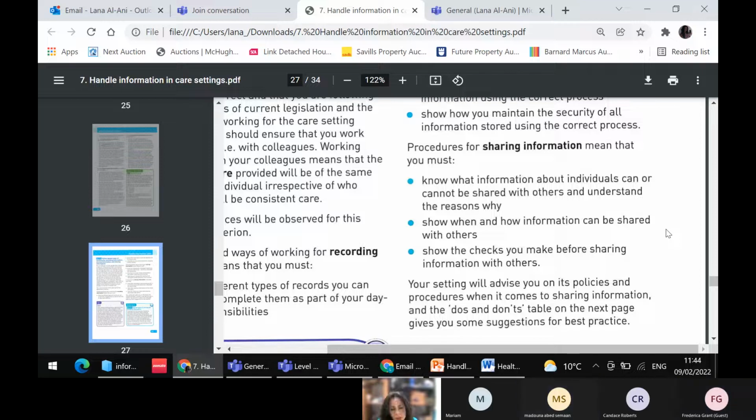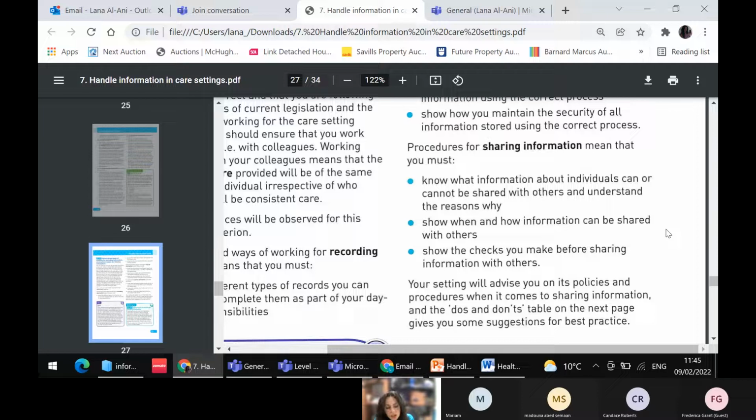So, to answer the last part of the question, which is sharing the information, in the care setting part of my responsibility is to keep this information safe and secure. So when I share the information, I only share it on the basis of need to know. I always make sure I have the person's consent before I share it.